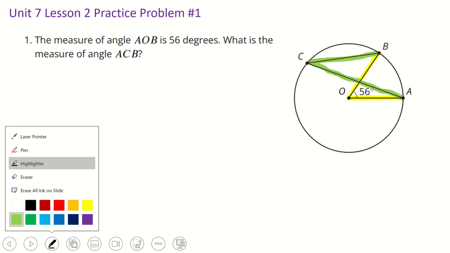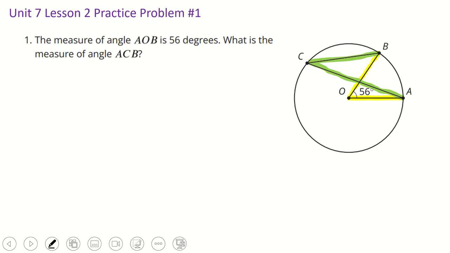The first thing I notice in this question is the arc that we are looking at. I have arc B to A. That is the arc that they both share. So let's go back to thinking about our applet. Our applet said that our central angle has to match my arc measure.